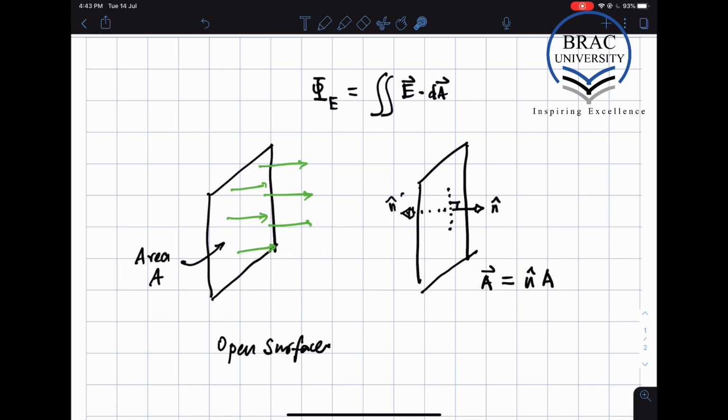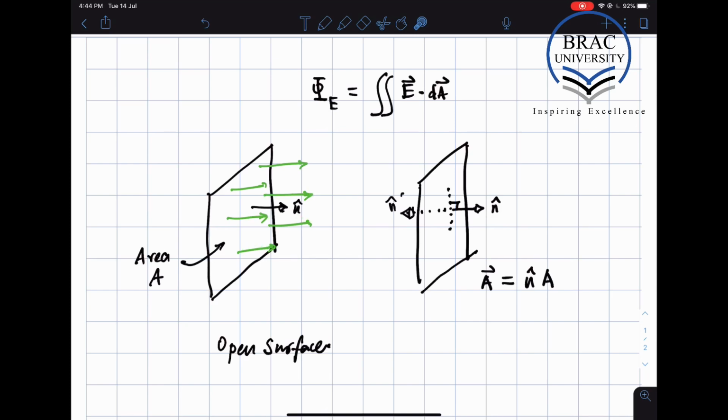So for open surfaces, the definition of the area vector has some ambiguity in it. Now for our electric field through this area, let us choose the direction of the normal to be in this direction.